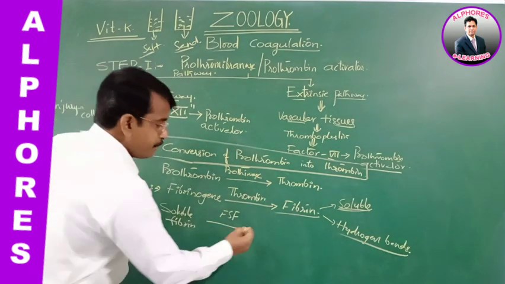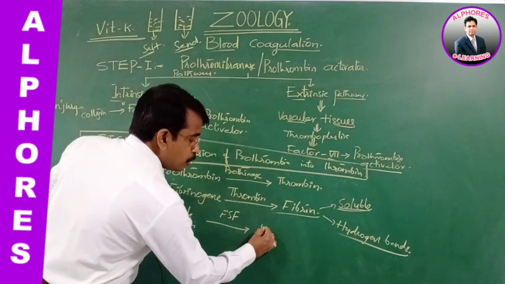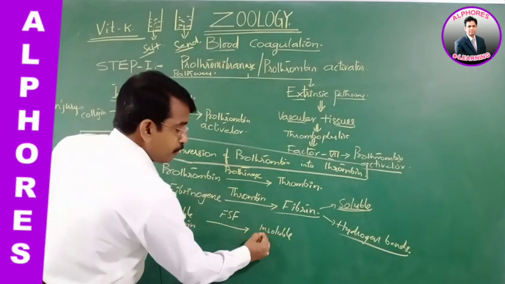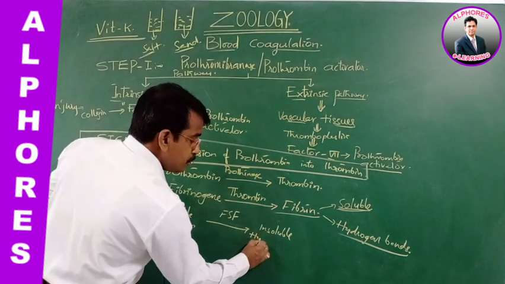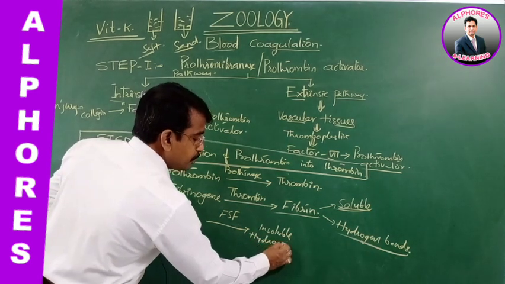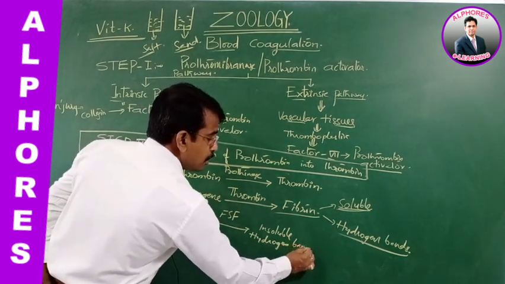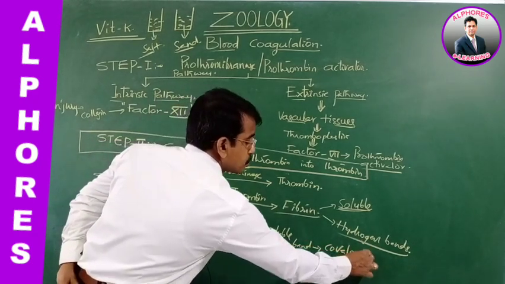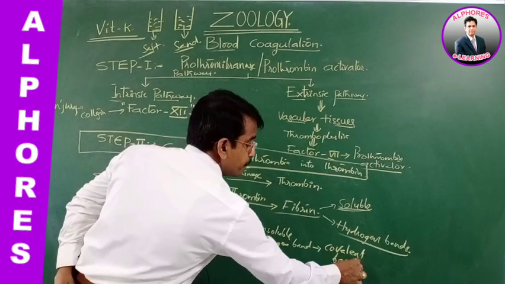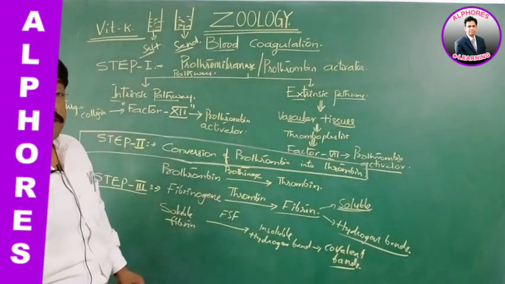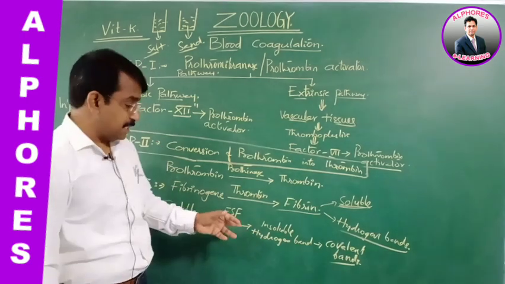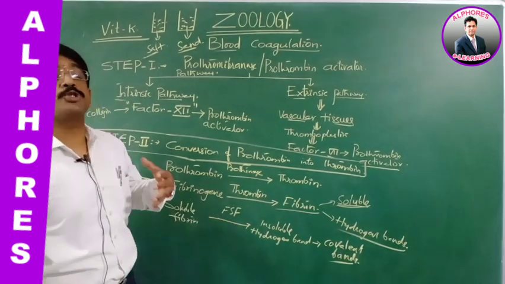At the same time, the hydrogen bonds are converted into covalent bonds. So here the bonds between the fibrin fibers become stronger.